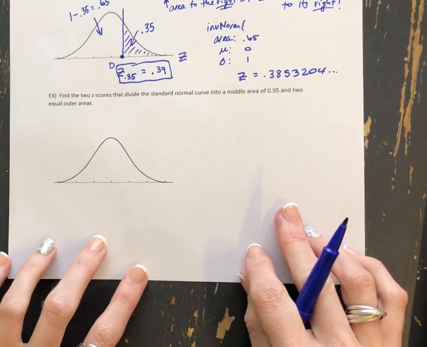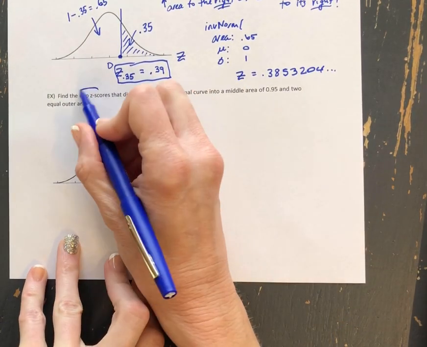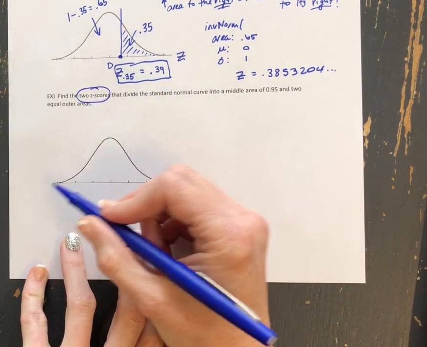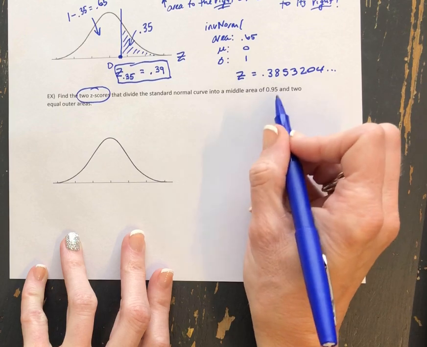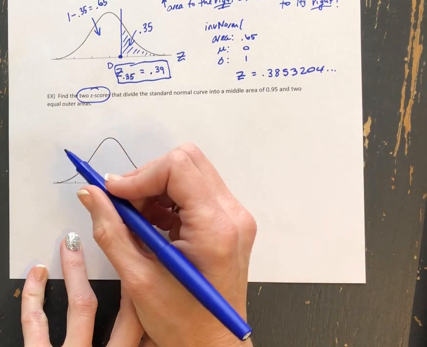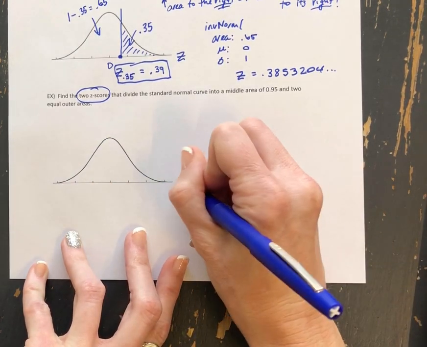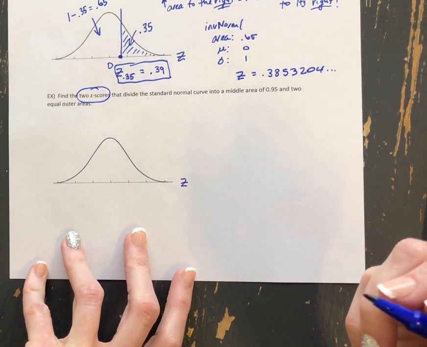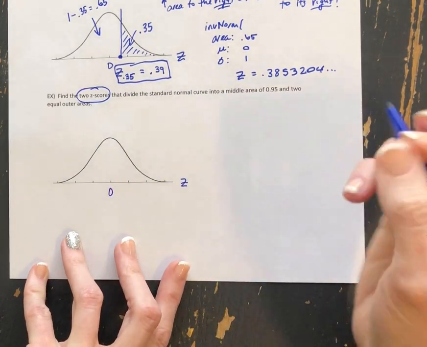And then the last example says to find the 2 z-scores that divide our standard normal curve into a middle area of 0.95 and 2 equal outer areas. Okay, so this is a z axis. Our mean is 0.